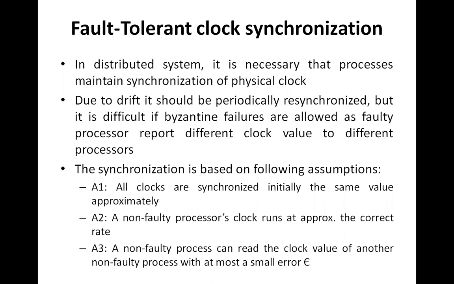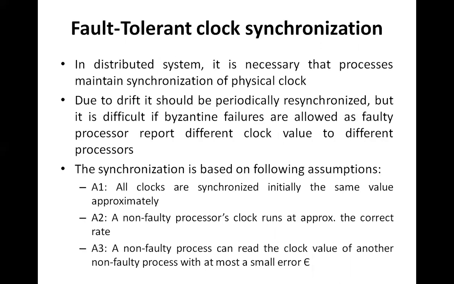That is why one of the applications is fault-tolerant clock synchronization. The synchronization is based on different assumptions. The first assumption is that all the clocks are initially synchronized to approximately the same value.